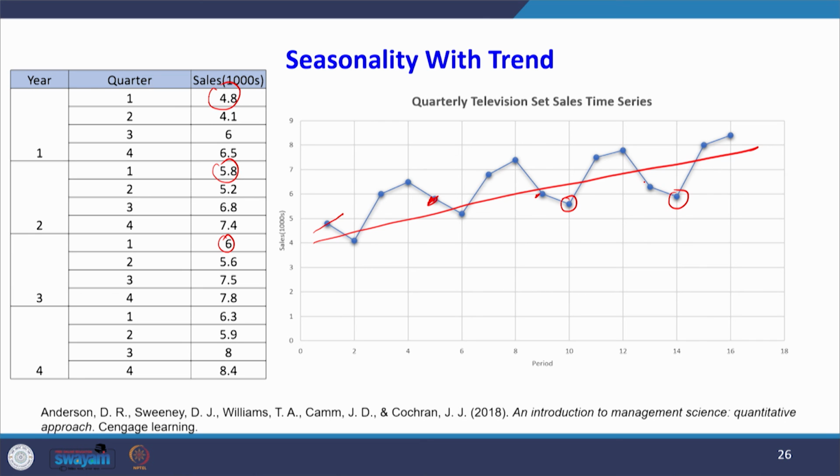Instead of predicting only trend, you can have a trend regression line for each quarter. So, that model will be more accurate instead of forecasting only trend. In the seasonality with trend model, we are not only predicting the trend, we are predicting the trend in the seasonality also. So, here also you have to use dummy variable regression to increase the accuracy of the model.